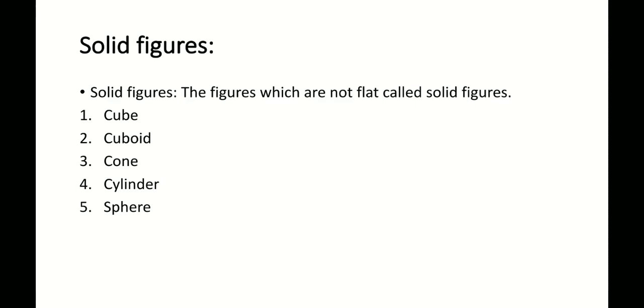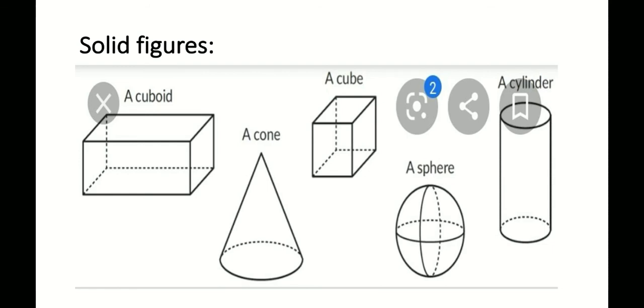These are known as what, children? Yes, these are the solid figures. Here are the images of how they look. First is a cuboid, cube, cone, sphere, cylinder. I hope, children, you all understood this.